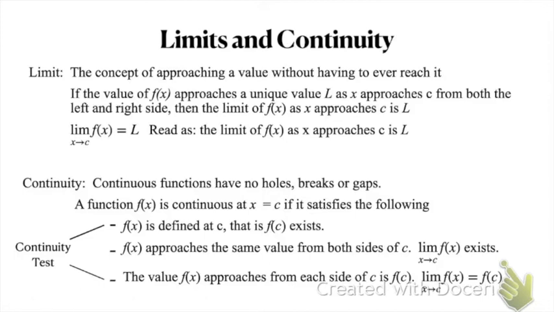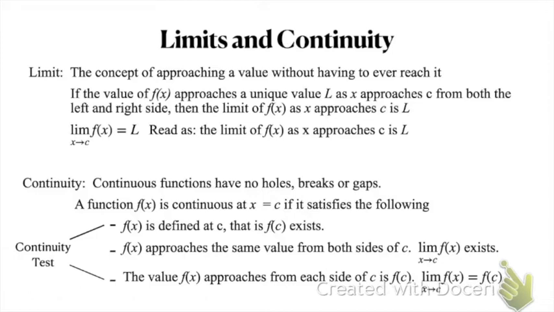As long as it has the same approach from both sides, that means the limit as x approaches c of f of x exists. So we have the limit exists, f of c exists, and the value that we approach from both sides is the same as f of c. So the limit as x approaches c of f of x is f of c. This is the definition. We'll show how this works on the next slide with a graph.